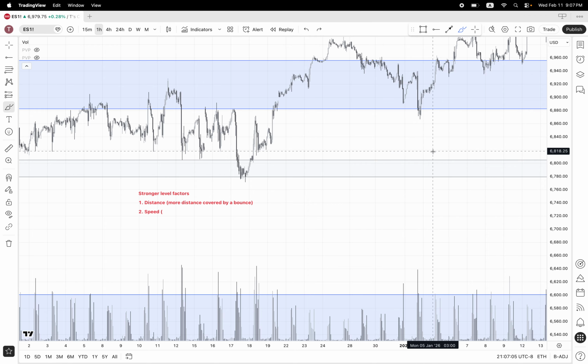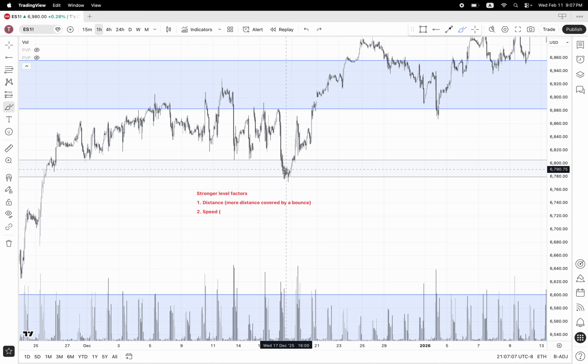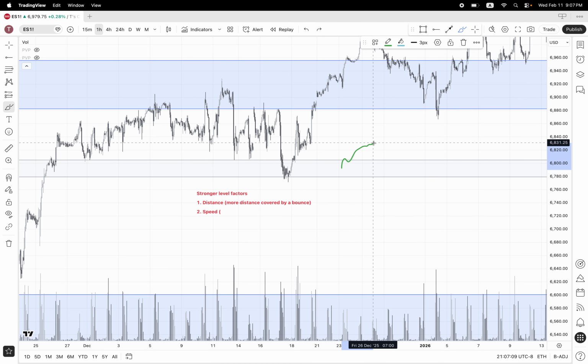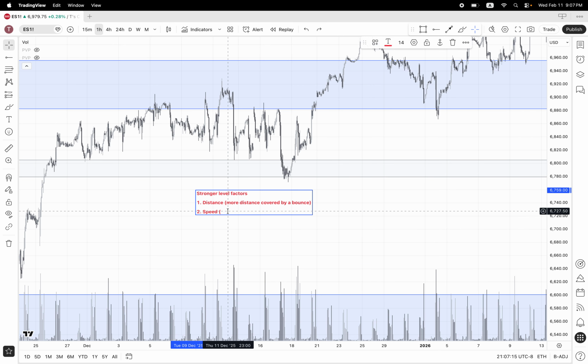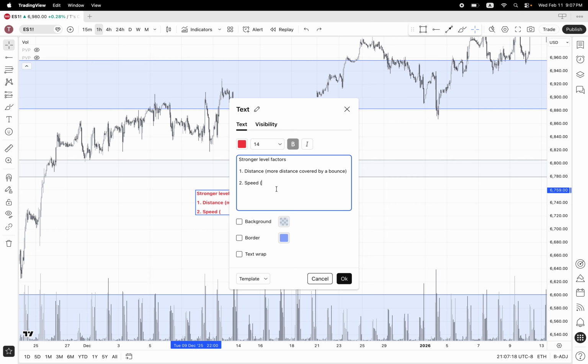That's very important, because if it's grinding, if it's doing it very slow, that's a minus. That means it's a weaker level. You really want speed. The faster it moves away, the better, right?